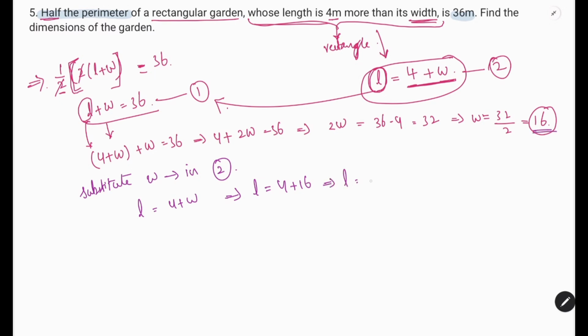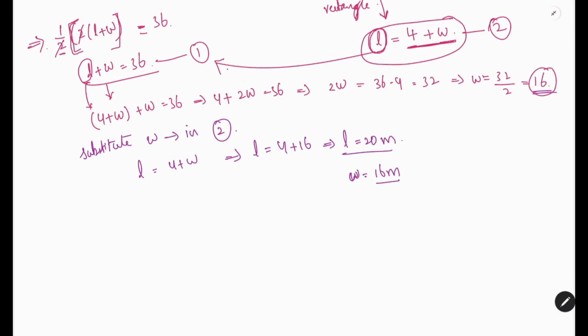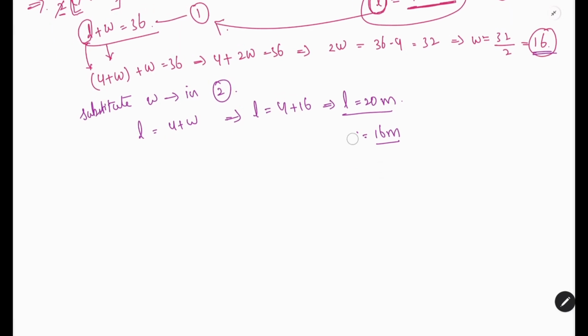So length equal to 4 plus 16 is 20. Length equal to 20 meters and width equal to 16 meters. Here we will learn the substitution in the coming session, in the next session. Or else we have another way of solving this one.